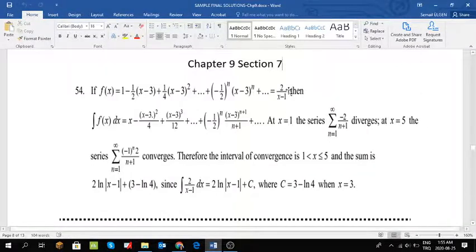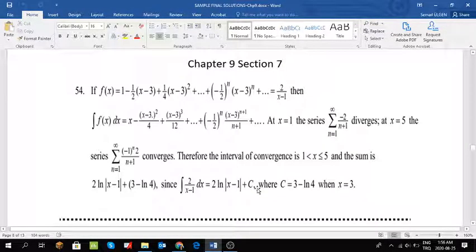And how about the sum? You have to integrate this 2 over x minus 1 as well, because you're integrating this to get the value. If you integrate that, you get 2 times ln of x minus 1 plus c.